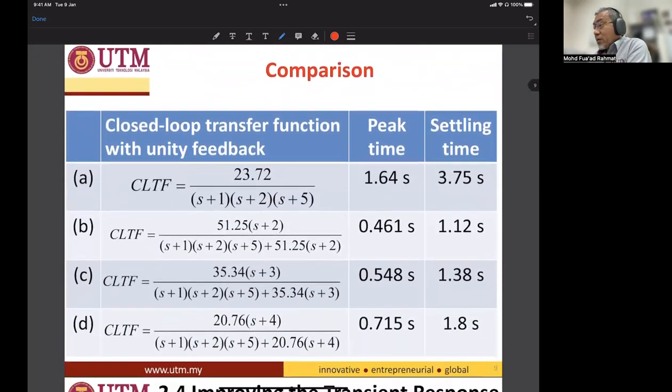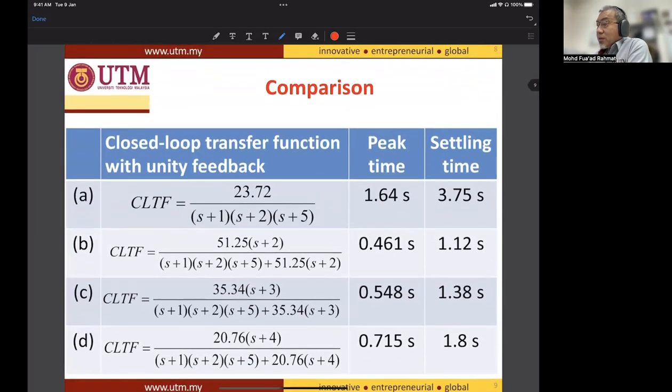So when we compare, the uncompensated system, which is A, you can see that the peak time is 1.64 seconds and 3.75 seconds for settling time. So this is TP, this is TS. But when we add a zero at -2, the peak time has been shortened from 1.64 to 0.461, meaning faster, and 1.12 settling time.